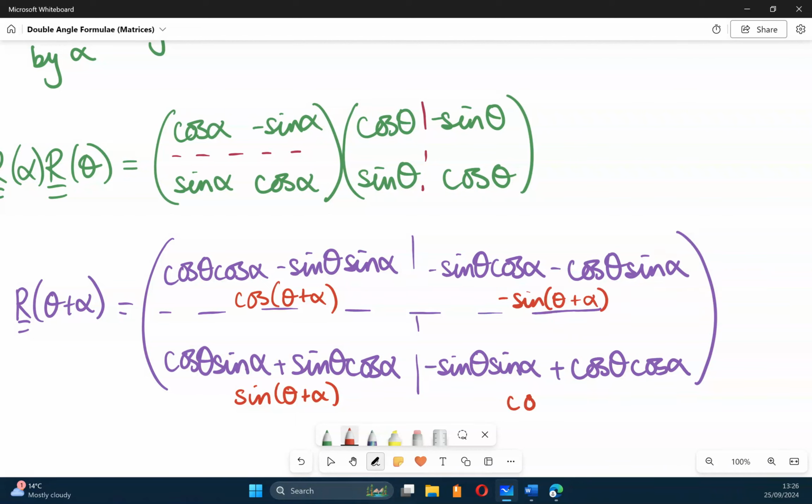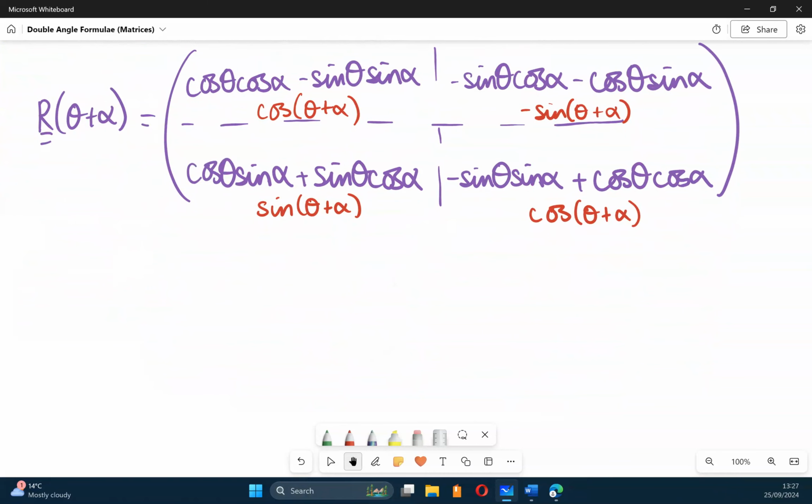And then this part is just the same as the top left, but written in a slightly different order. So we found expressions for cosine of theta plus alpha and sine of theta plus alpha. And so we found a rotation matrix that uses these properties to help us identify a trigonometric identity or relationship.